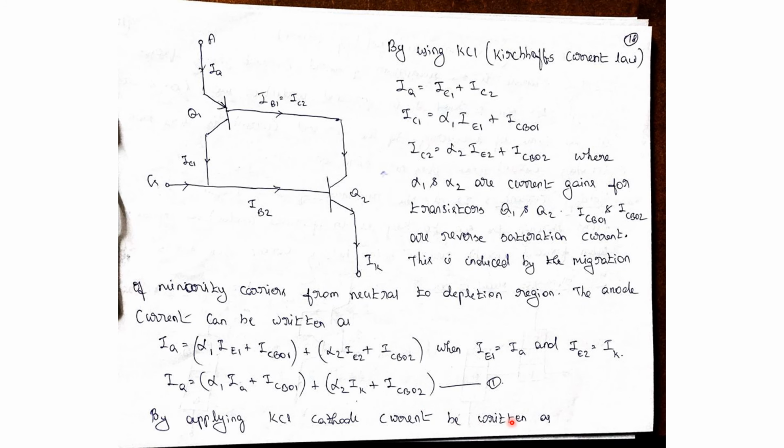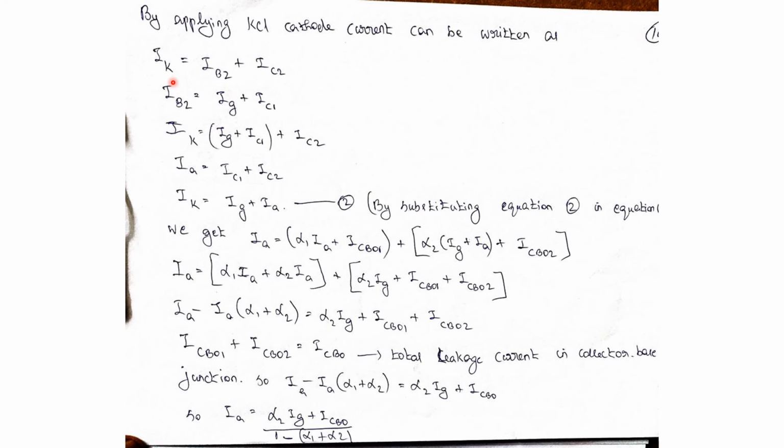Now by applying KCL, the cathode current is equal to IB2 plus IC2, that is, base current plus collector current.